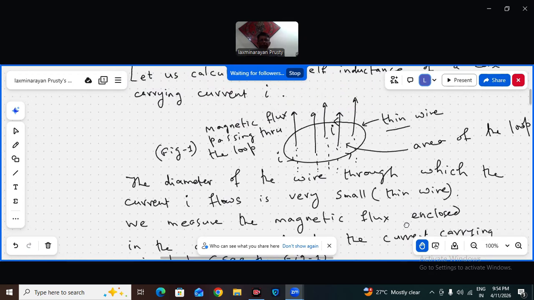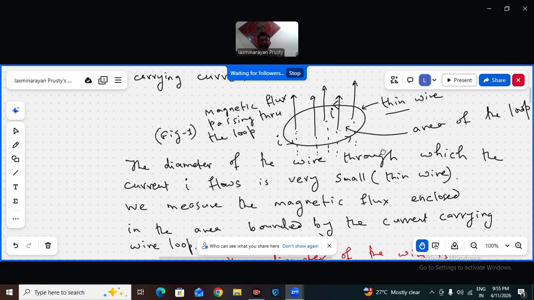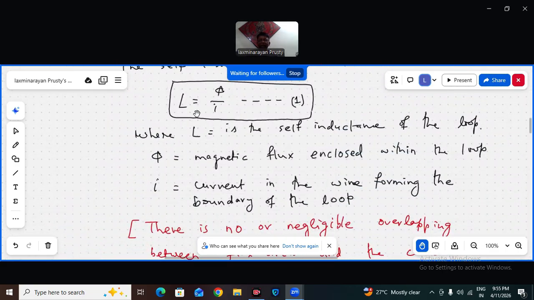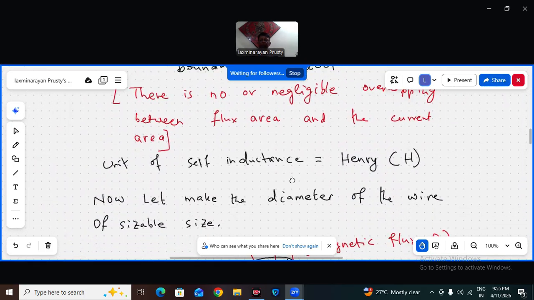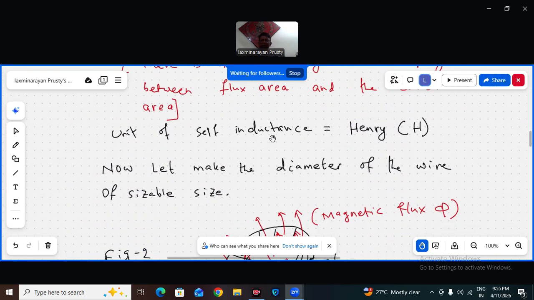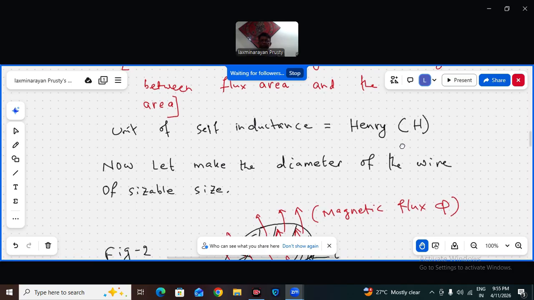Whereas the area of the loop through which the flux passes is quite sizable. But the overlapping area, the common area between the current region and flux region, is negligibly small. So in that case, I can use flux by I. And all of you know the unit of self-inductance L is Henry.